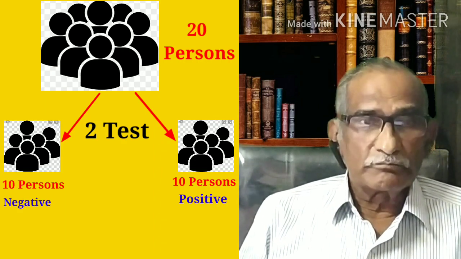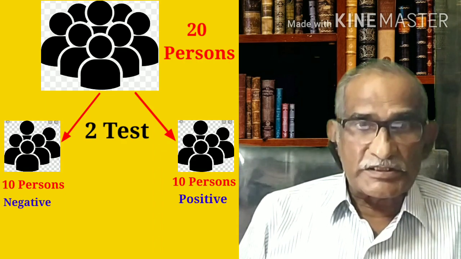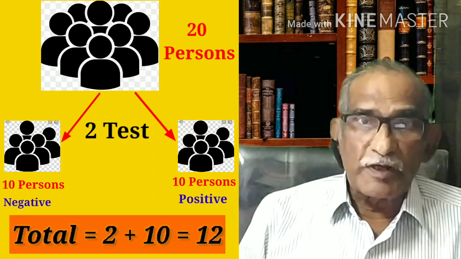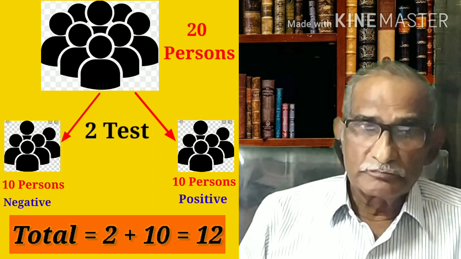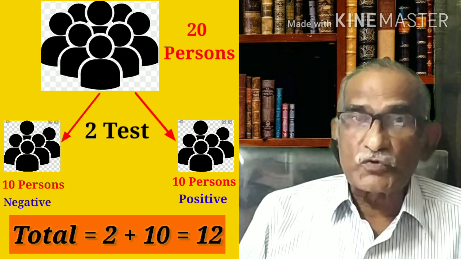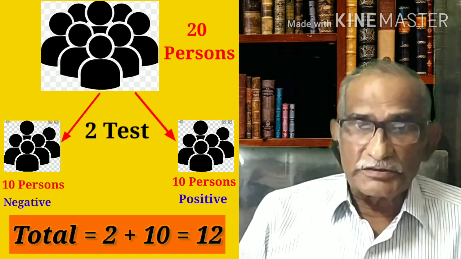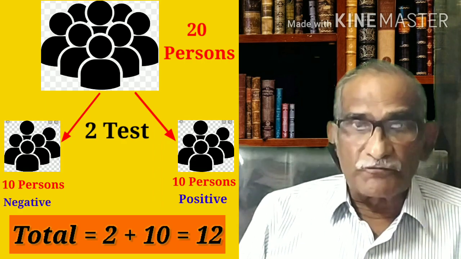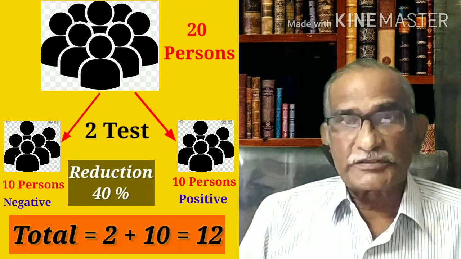In this way, the total number of tests required would be 2 plus 10, that is equal to 12, where initially it was 20. So there is a reduction in the tests by 8 out of 20, that is 40%.